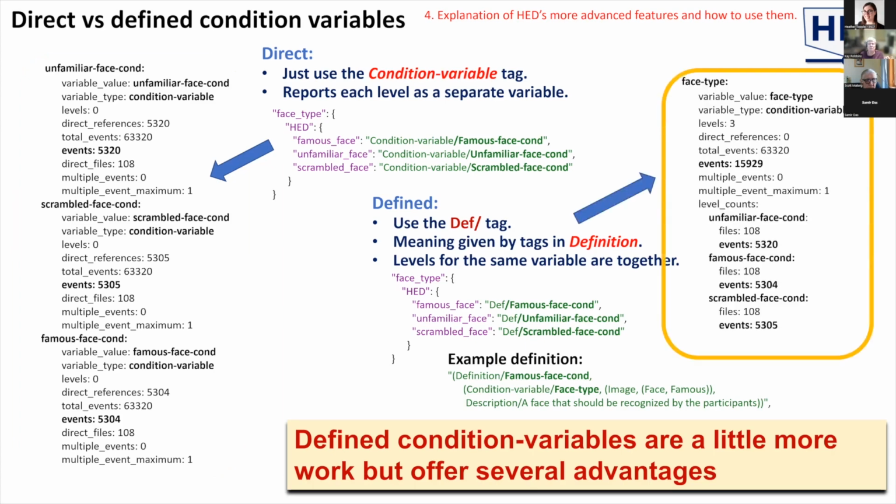But when you do the automatic summary, it's able to recognize that unfamiliar face condition is a level of the condition variable face type. And remember, this is done automatically. You just run this and you can get it. So again, we have 63,320 events, and unfamiliar face condition has 5,320 events. So you get the same counts. It appears in 108 files in the data set, but you now have the design matrix extracted from this.